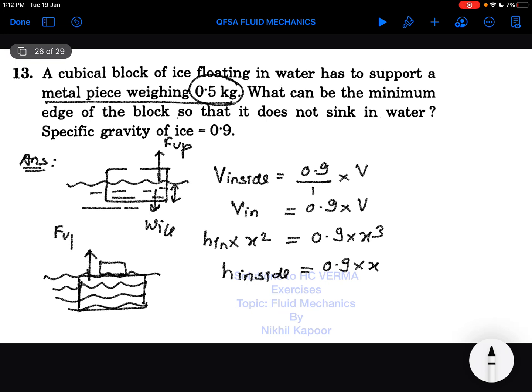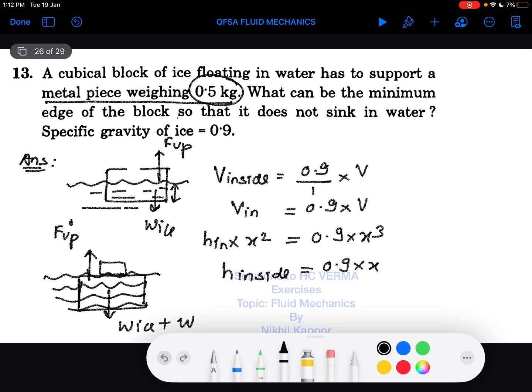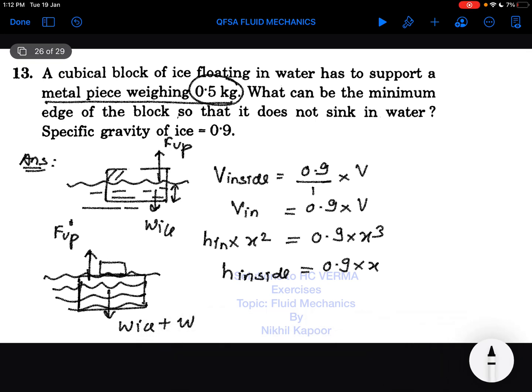Now the new upthrust is balancing both the weight of ice plus the weight of the metal piece, because this remaining portion will also get submerged in water. So obviously the upthrust will increase to support the metal piece. So the increase in upthrust is only due to balancing this weight.